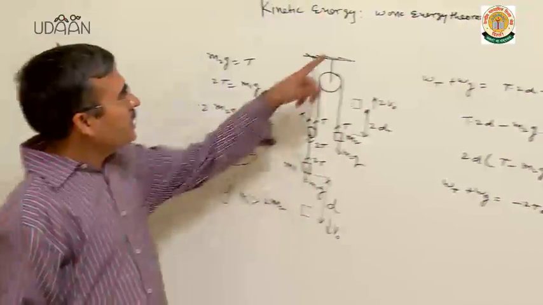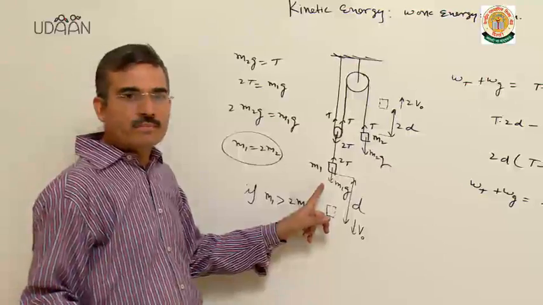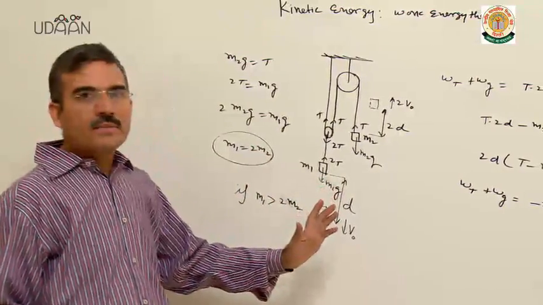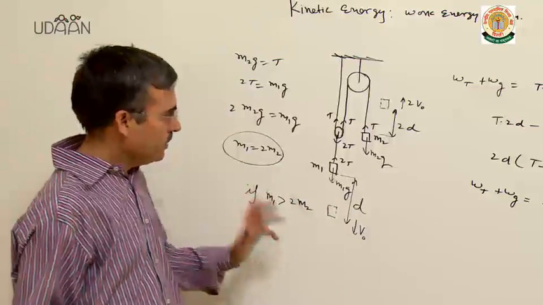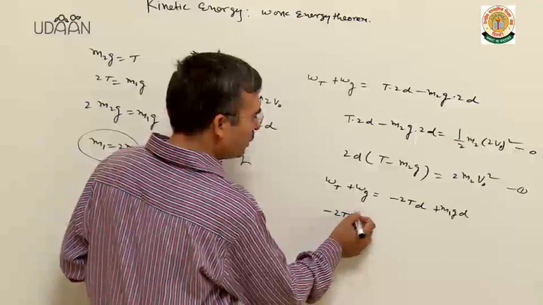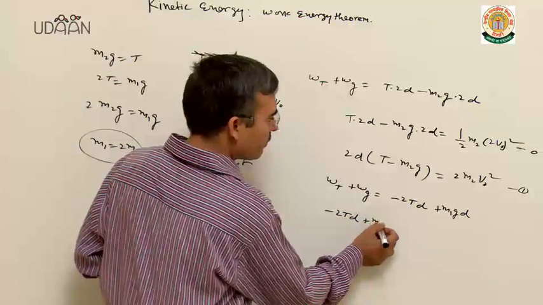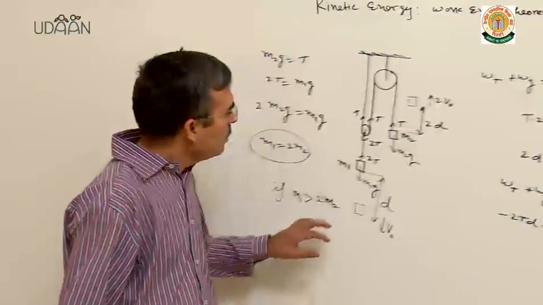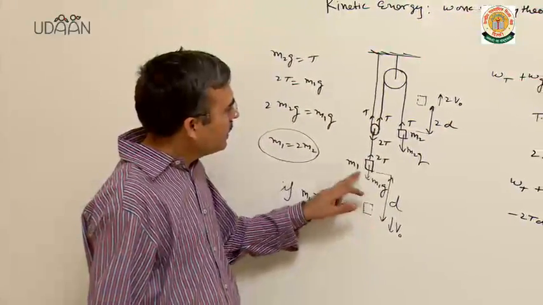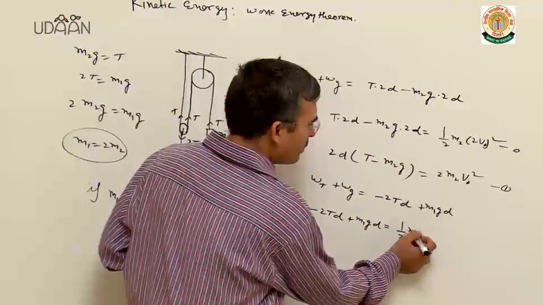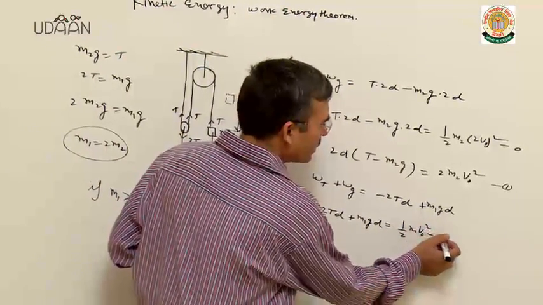So applying work energy theorem on this block, लगाओ बच्चों क्या आएगा? Final kinetic energy minus initial. Good. So that is equal to minus 2t into d plus m1g into d equal to final kinetic energy minus initial, that is half m v0 square minus 0.